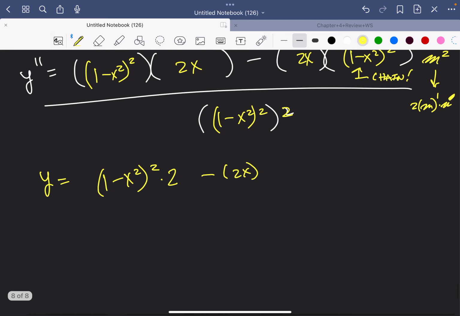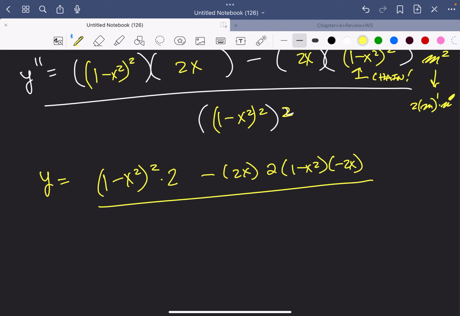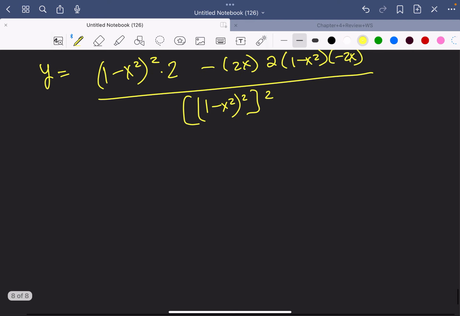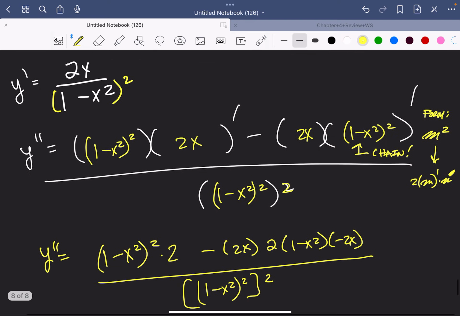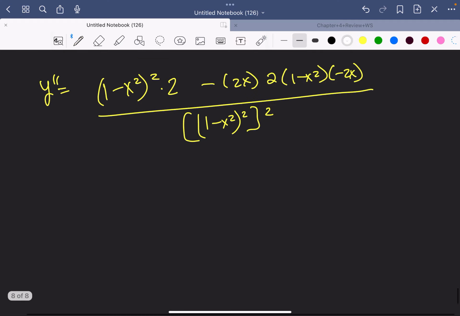So it's going to be 2 stuff to the first times the derivative of the inside is negative 2x. All over 1 minus x squared, squared. Yeah, it's a little ridiculous. So that is the second derivative for anyone keeping score at home.